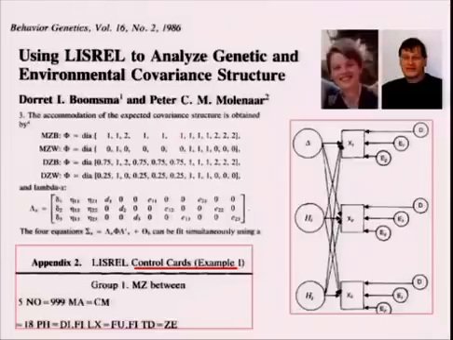H1 stands for unique environment, and H2 stands for shared environment. So that is a first bit of problem out of the way. And then, in terms of these common and also specific factors, you can derive the expectations for the matrices of cross products between and within monozygotic twins.